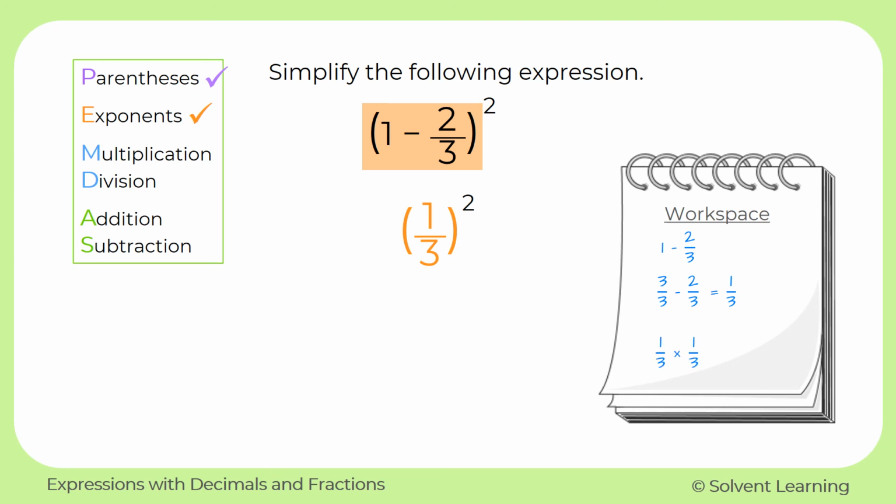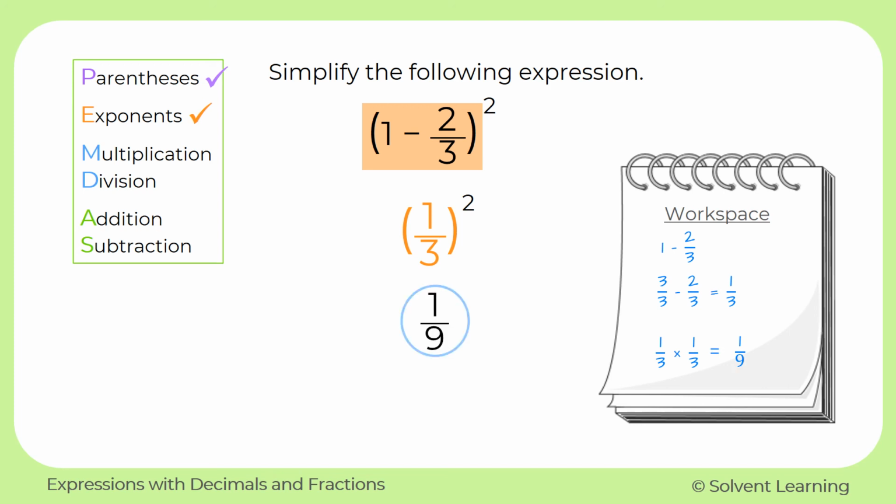Now we can use our workspace to help us keep track of what we're doing. And when we're multiplying fractions, you just multiply the numerators together and multiply the denominators. So 1 times 1 will give us 1 up top. 3 times 3 gives us 9 at the bottom, which becomes 1/9. Okay.